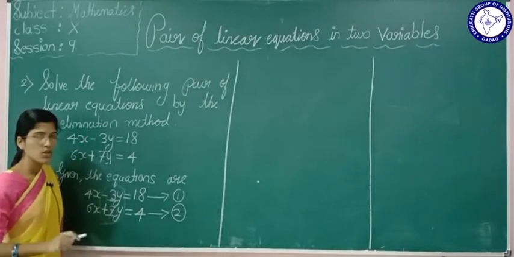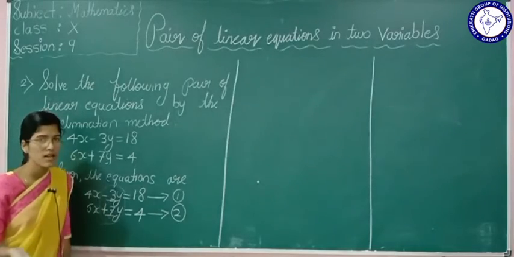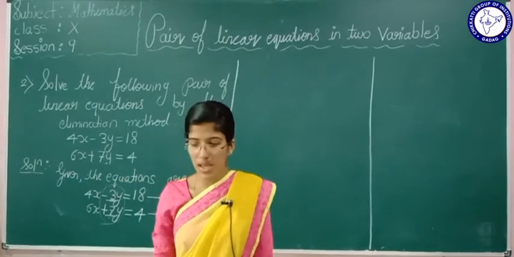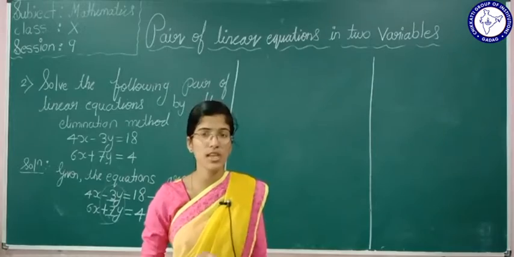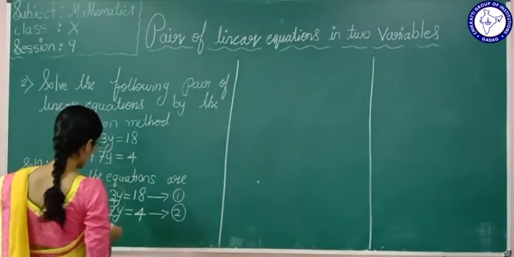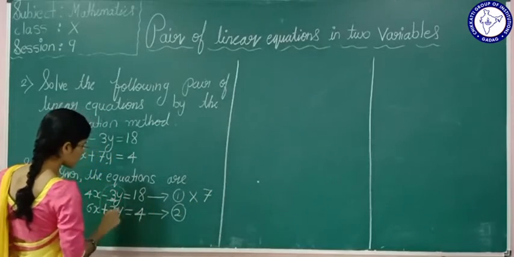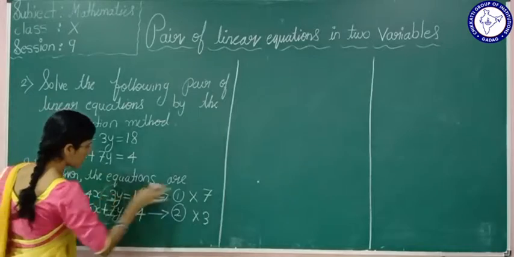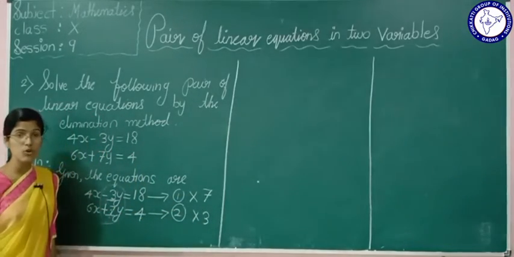To make the coefficients the same, we have to multiply equation 1 by something or equation 2 by something. What I will do is multiply equation 1 by 7 and equation 2 by 3. Now see, 3 7s are 21, 7 3s are 21. I am getting the same coefficients.